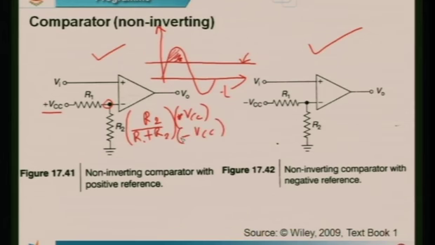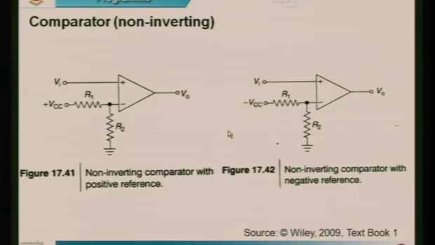Rest of the equation remains the same. So where is your negative reference point? The negative point could be somewhere over here. So now what is the shaded region? The shaded region becomes this entire thing. So whenever your input is larger than this negative voltage, my output is positive, else it is minus Vsat.